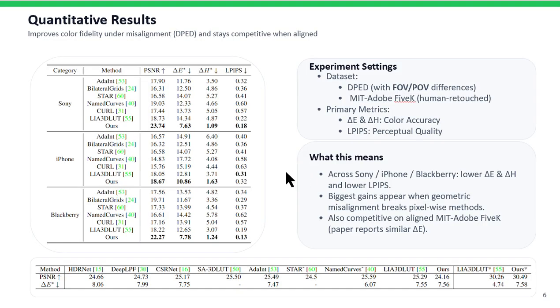The biggest gains appear when the geometric misalignment breaks the pixel-wise methods, that is, the other learning-based state-of-the-art methods. And this table also shows that our method is competitive on aligned datasets, such as MIT Adobe 5K.